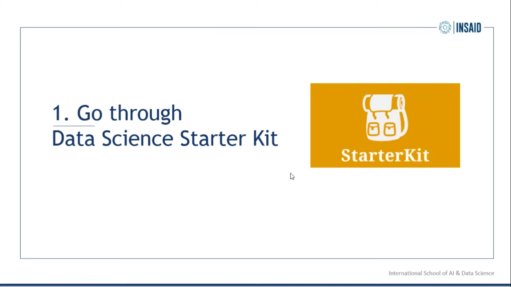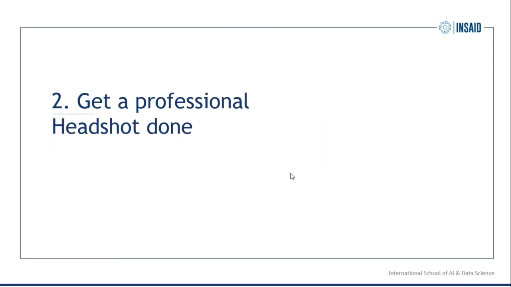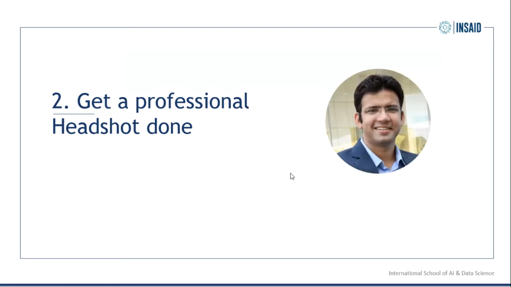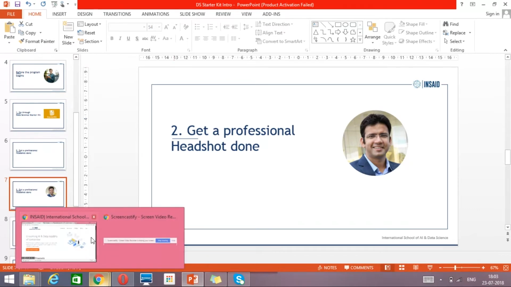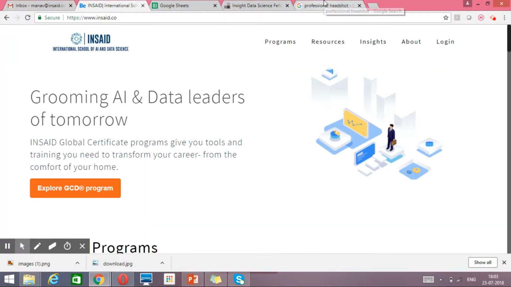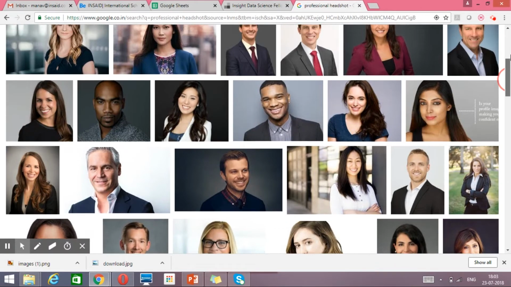The second thing that we want all of you to do is get a professional headshot done. In my one-on-one conversations with some of you, I've already mentioned this, that there is nothing that does more than having a professional headshot for all of us. That is our professional identity. So say this is my professional headshot, but there can be other professional headshots also.